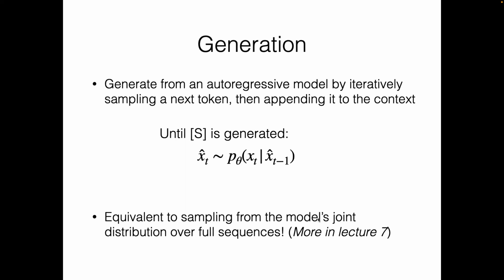We'll talk about the implications of this a couple more times in the course. But in a nutshell, the really nice thing is that you are sampling from this next token distribution, which is only defined over the vocabulary of next tokens. So this is really easy to generate from.